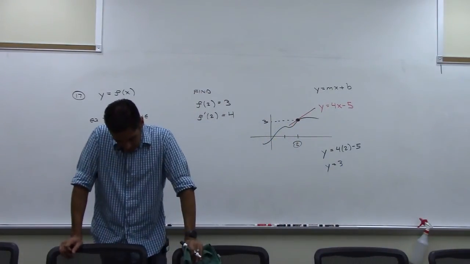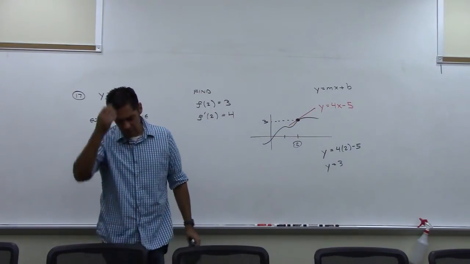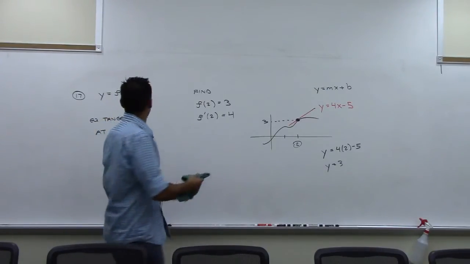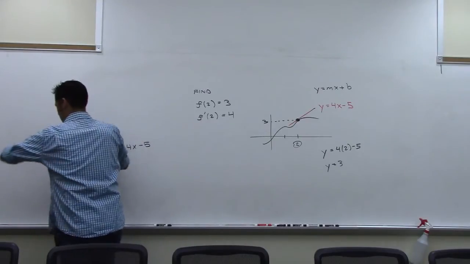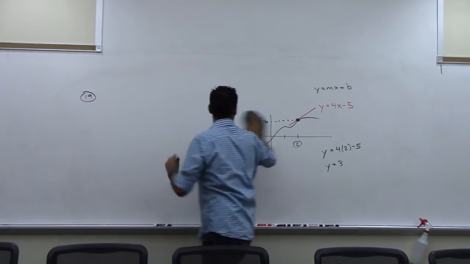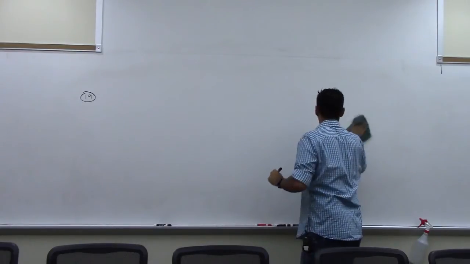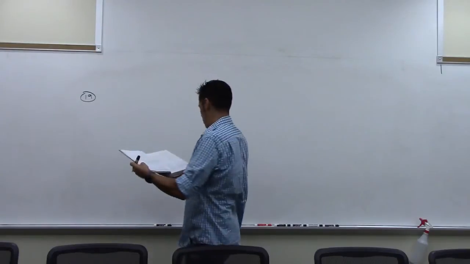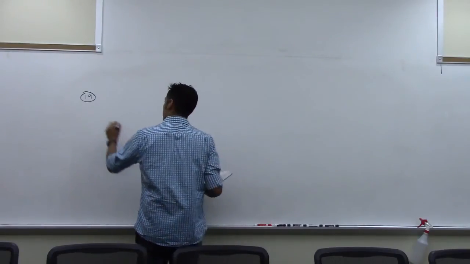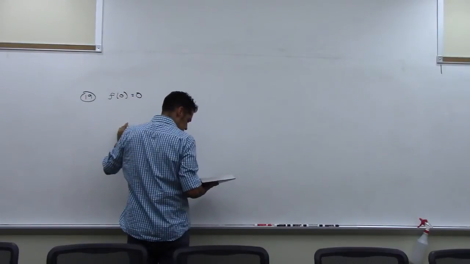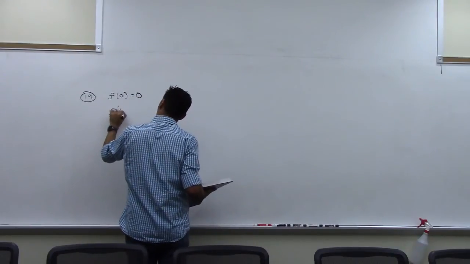19. Sketch a curve that satisfies these conditions. All right. So here are the conditions we have. F of 0 is 0. F prime of 0 is 3.